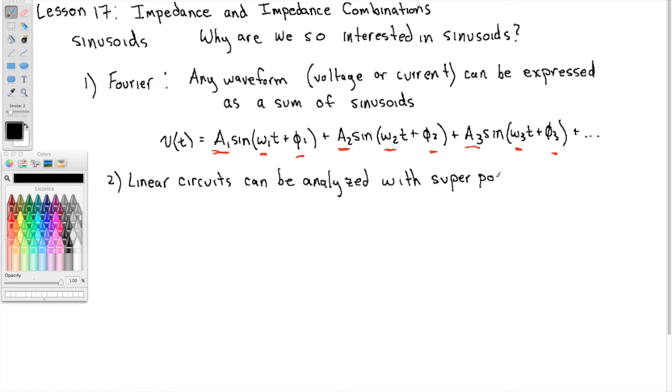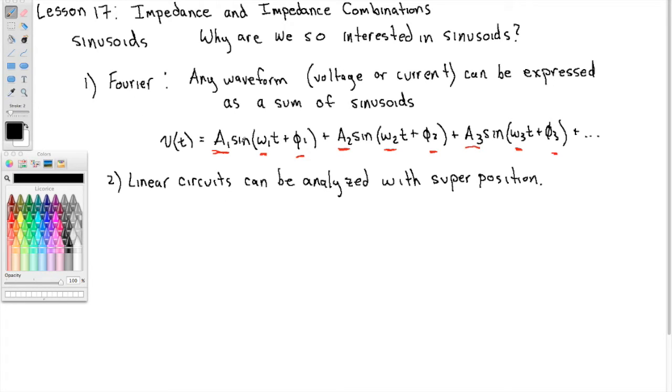Just to refresh your memory, if you have multiple sources, superposition allows us to turn off all of the sources but one, find its contribution to the circuit parameters, and then find all of the contributions from each source individually and add them together.